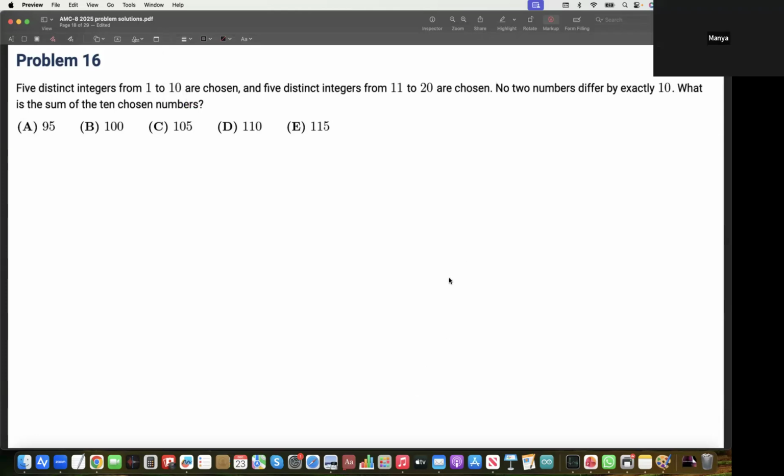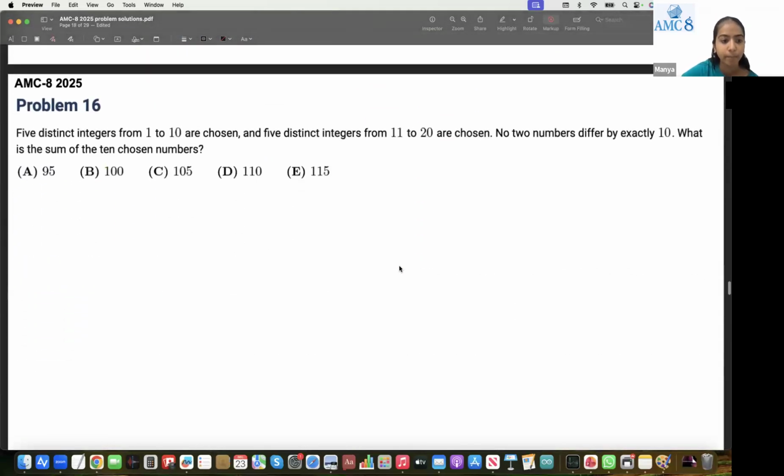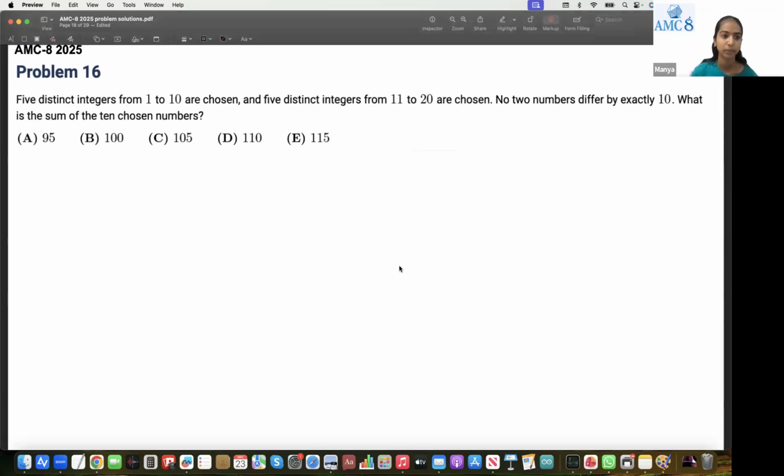Everyone, now break is over. We can get started with problem number 16. We just finished problem number 15 and everything before that. And we can start with problem number 16.